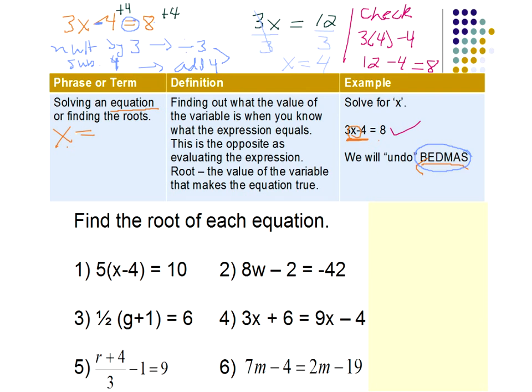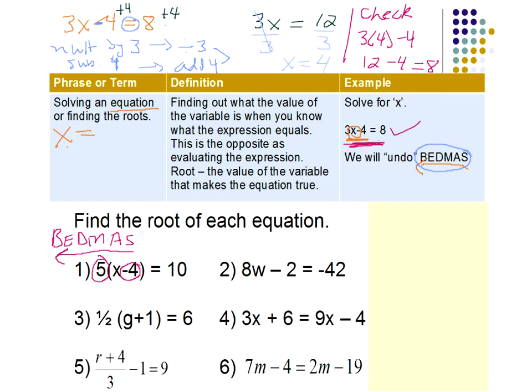So in this case, I'm doing 2 things to x here in question number 1. I'm multiplying by 5, and I'm subtracting 4. And so I'm going to undo BEDMAS. In fact, I'm going to write that out to remind us. So what I see here is that normally, like in this example up here, I started adding 4 to both sides first, as you can see there and there.